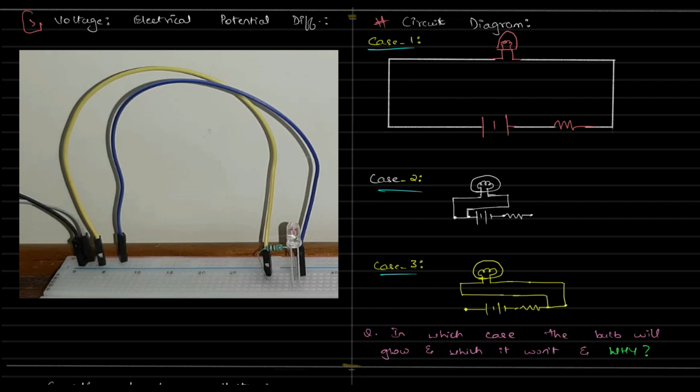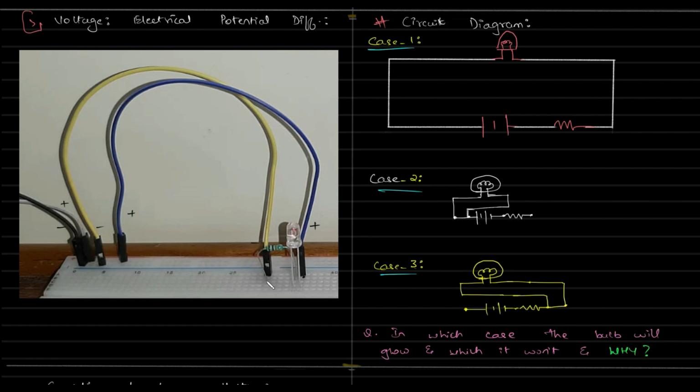Before that, let me explain how I've done the connection over here. This white color wire indicates the positive terminal of the voltage source and this black color is the negative terminal. If you remember the breadboard working, this too will be positive, so this end of the terminal is getting the positive end of the voltage source, and this yellow color wire is carrying the negative end.